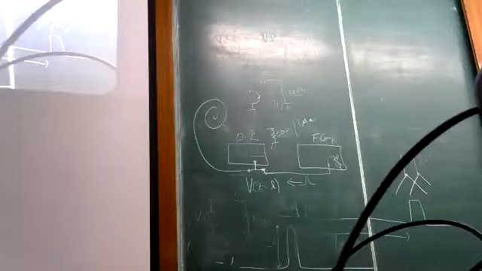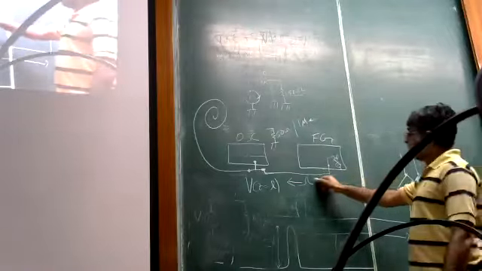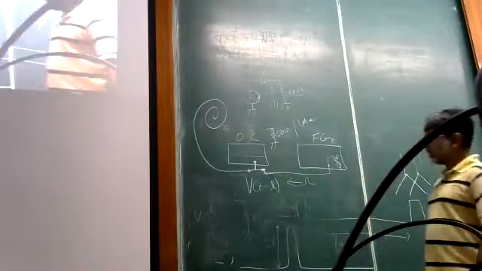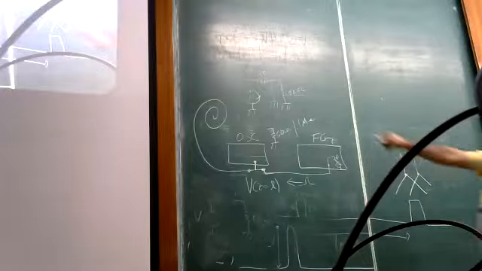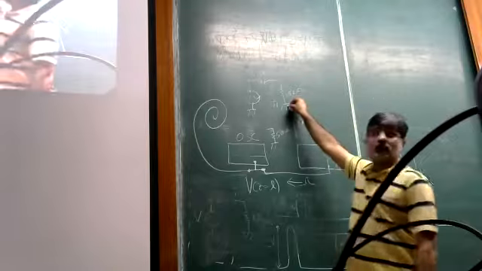So what happens when this pulse reaches this point? We take the effective resistance. Over here, this will now become 25 ohms.